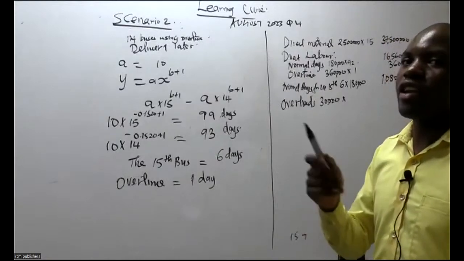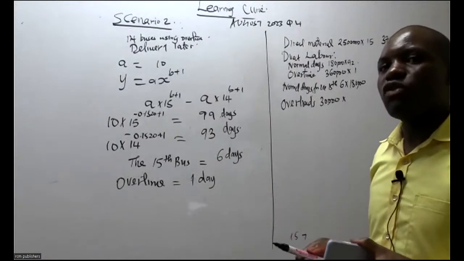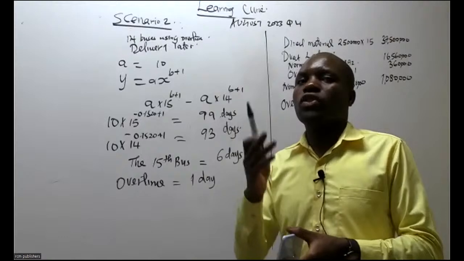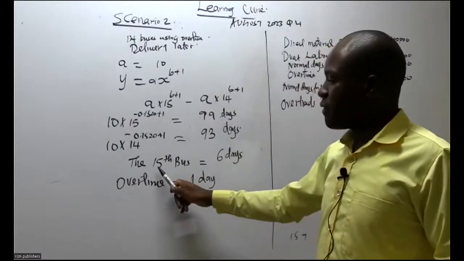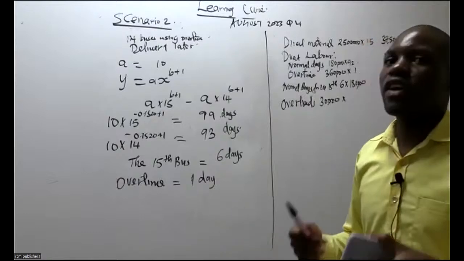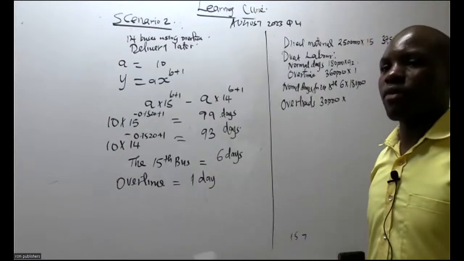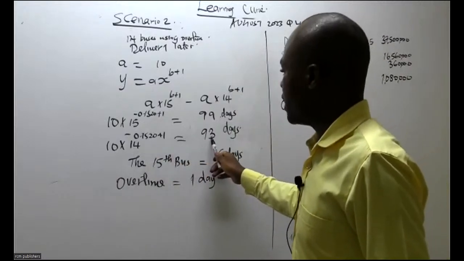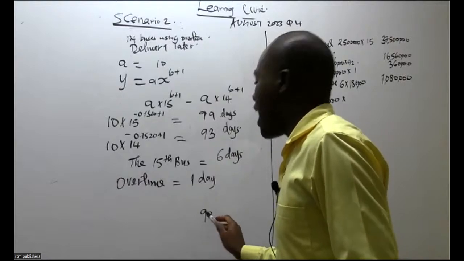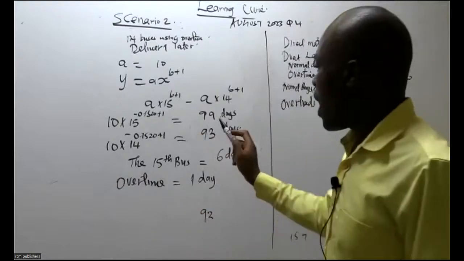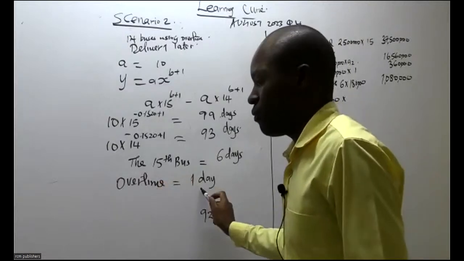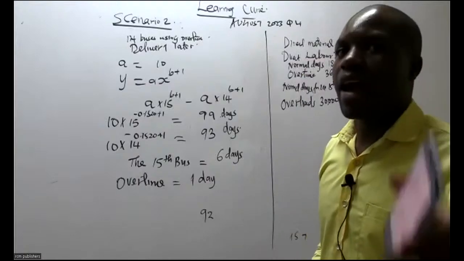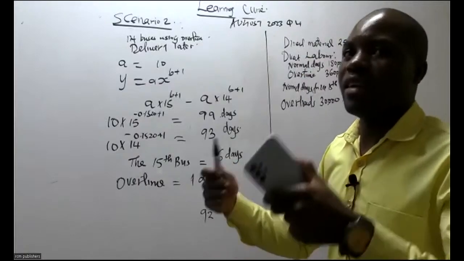So I will work beyond the deadline, but my employees will be working during their normal working hours of the day. So the 15th bus will be produced within the normal working hours. The first 14 they produced within 93 days. Out of 93, 92 are normal working hours. One was the overtime. The last bus, the 15th bus, they took 6 days, and these 6 days were their normal working days.